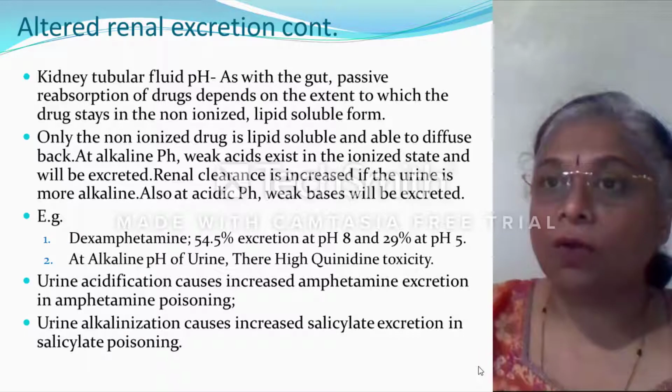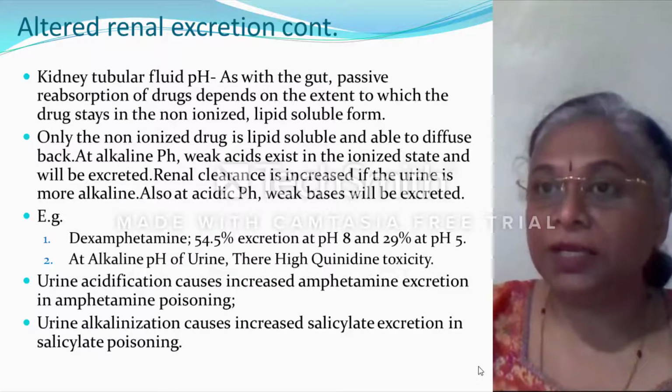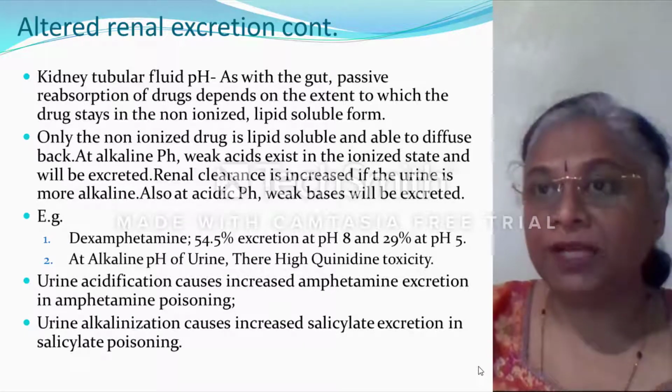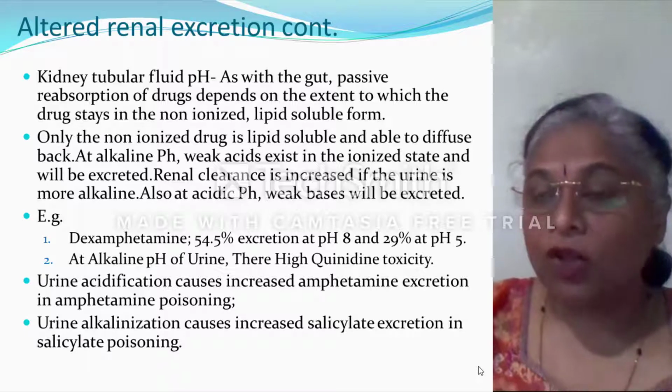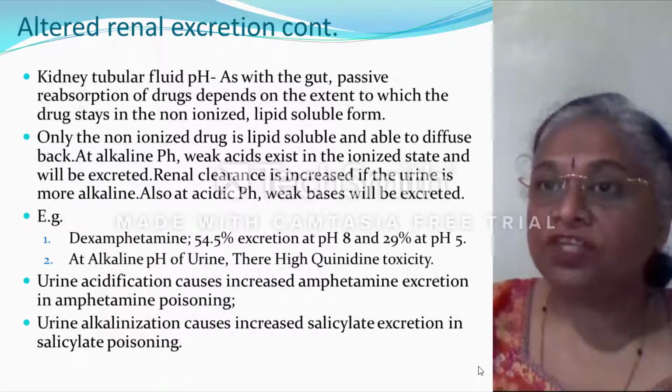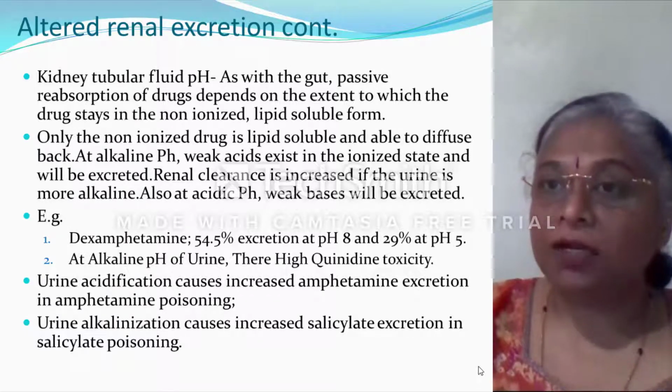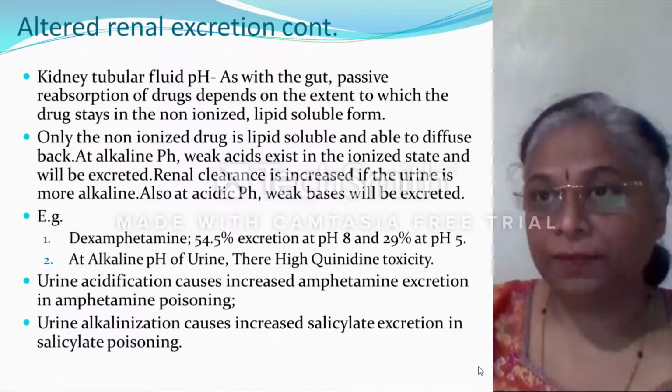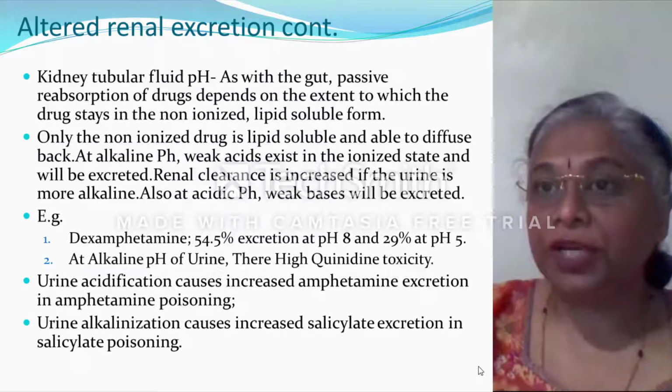And that is how barbiturate can be eliminated rapidly from the body during intoxication. So these are interactions which are also beneficial. By altering the pH of the urine, you can even gain a therapeutic benefit, especially to treat toxicities.